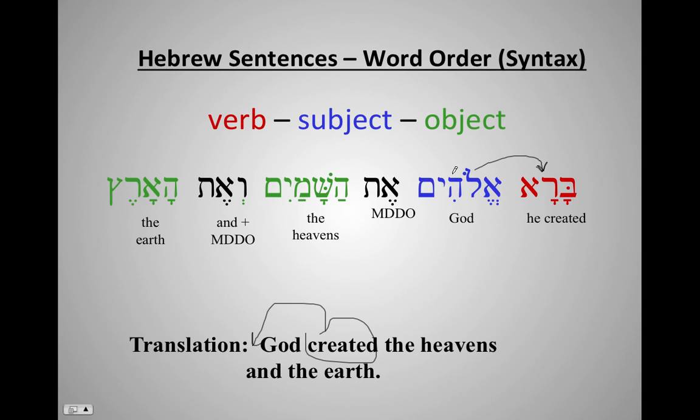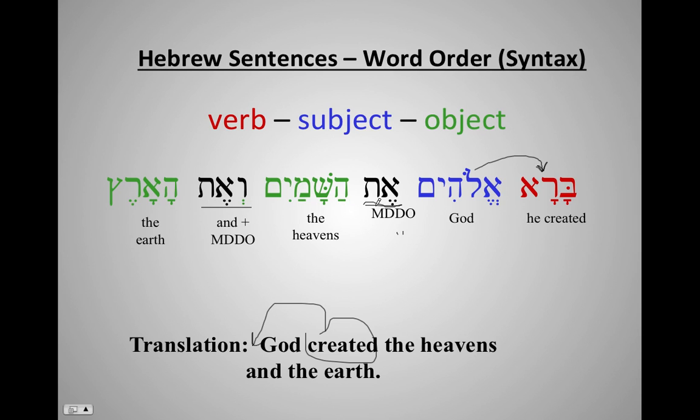Now in Hebrew, we do have this neat little thing. It's called a mark of the definite direct object. It's spelled with an aleph, tav. Sometimes it might be spelled with a tsere, just two little dots below it. But that little marker, you can see there's two of them here.